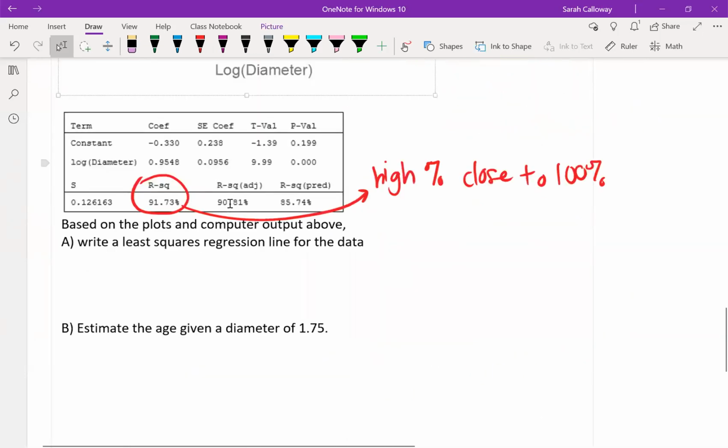Then to create my least squares regression line, my response variable is log of age.